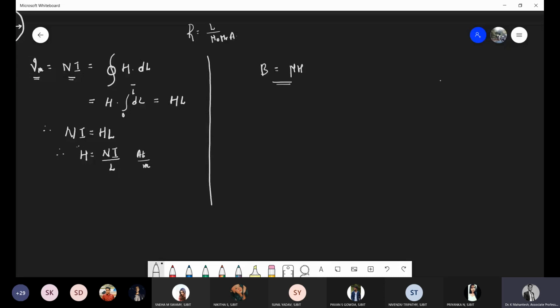We know that B is equal to mu H, but H is equal to Ni by L. Therefore, I can write B is equal to mu, which I will represent in terms of mu naught mu R, into H, and instead of H, I'll write Ni divided by L. But now we can closely relate.